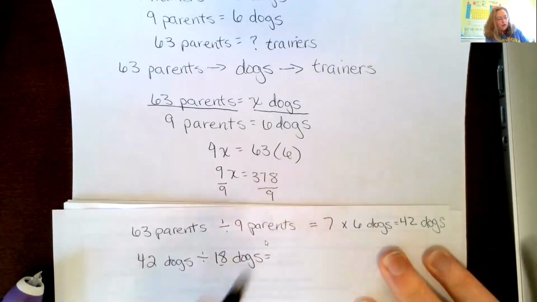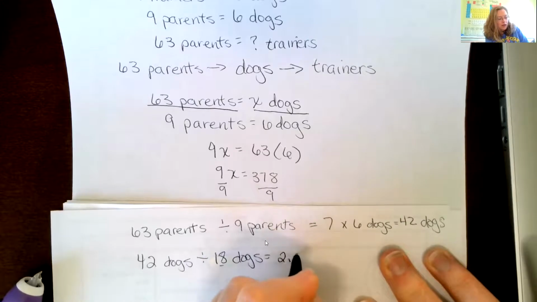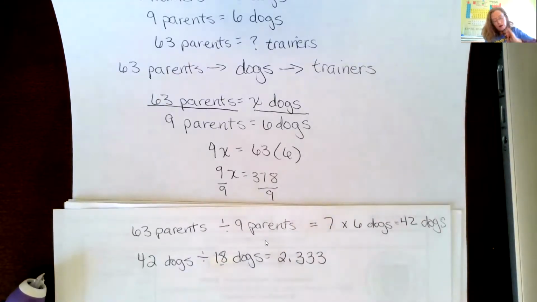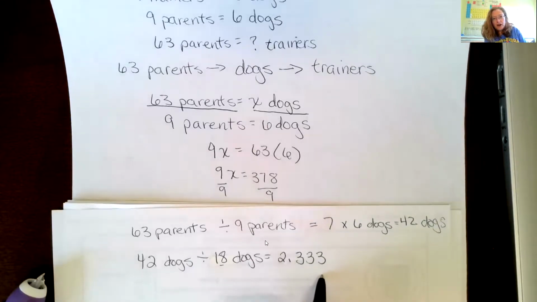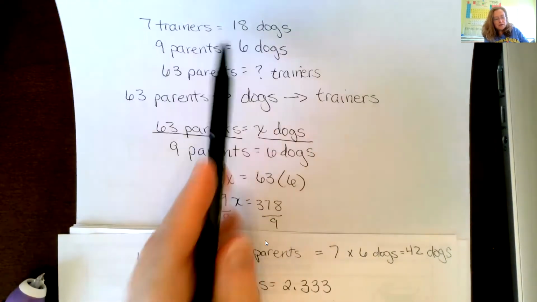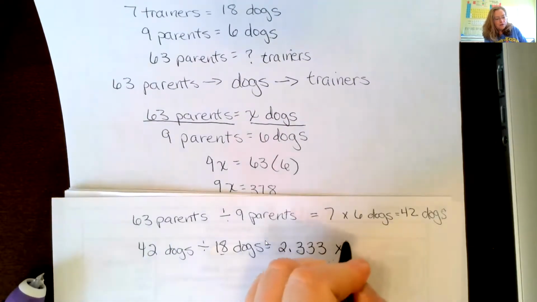If you've watched any of my other videos, I've always recommended, and of course this could stay in your calculator, keeping 3 decimal places. It helps really well when you're trying to do problems that have fractions in them. So I'll go ahead and do that this time. That is what we would then multiply times the 7 trainers.